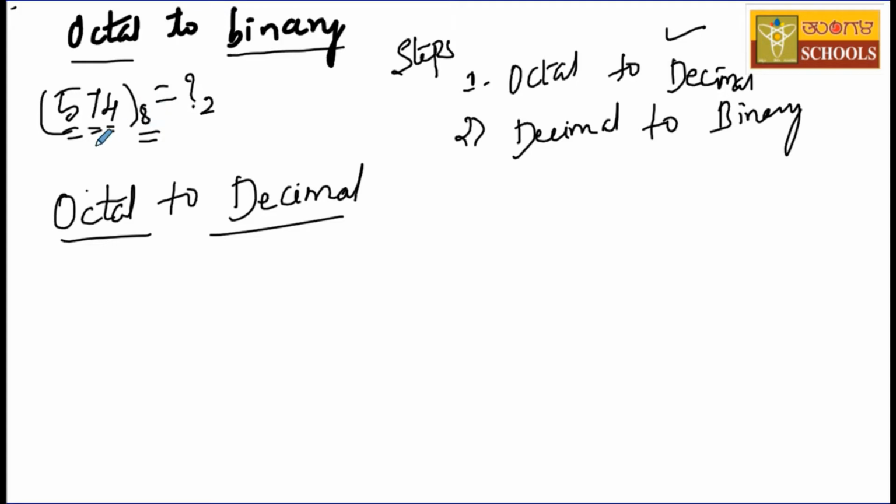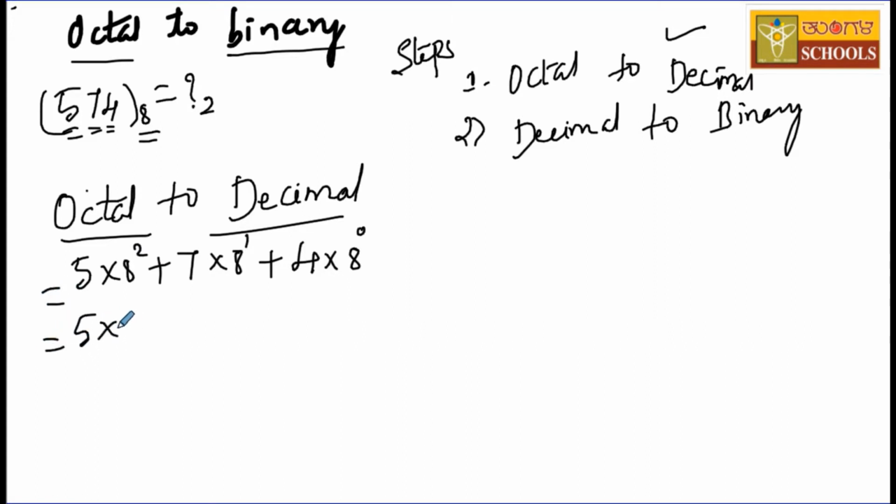In this example we have 574, and the base is 8. So 5 into 8 squared plus 7 into 8 plus 4 into 8 to the power 0, with powers 2, 1, 0. You get 5 into 64 plus 7 into 8 plus 4 into 1.